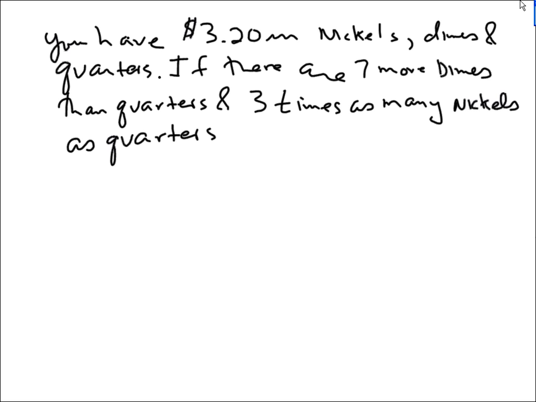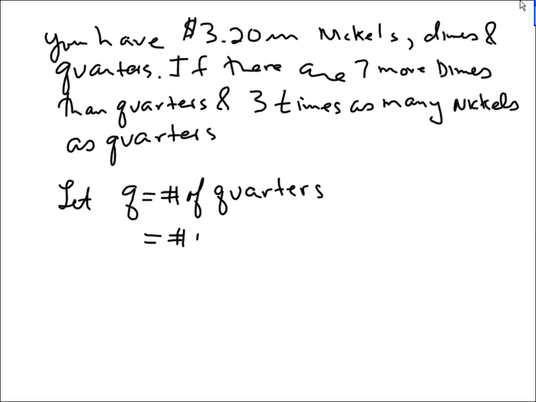The nickels and dimes are being compared to the quarters. That is why I'm going to say let Q equal the number of quarters. So what are we going to call the number of dimes?